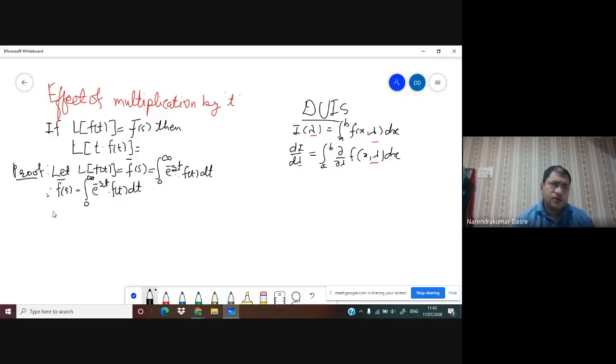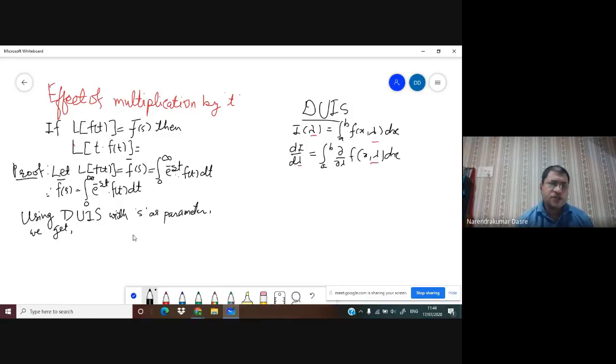Okay. Now I'll be using differentiation under integral sign, with s as parameter, we get.